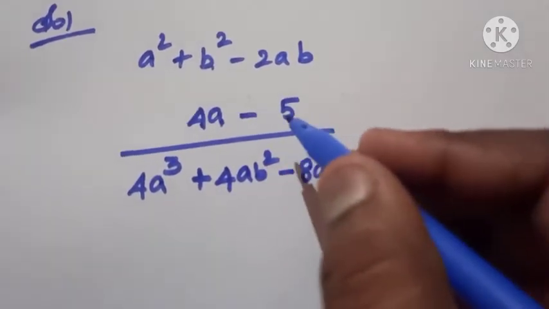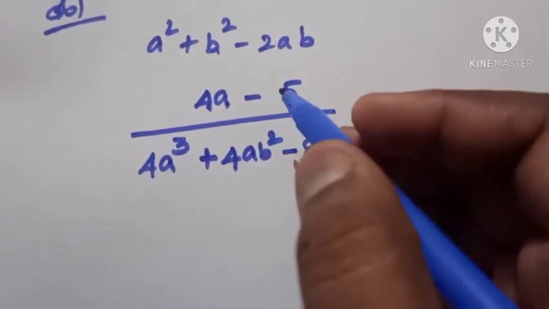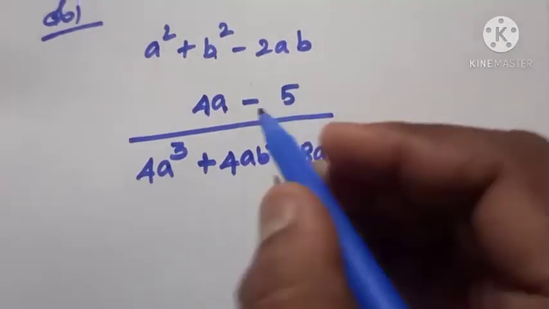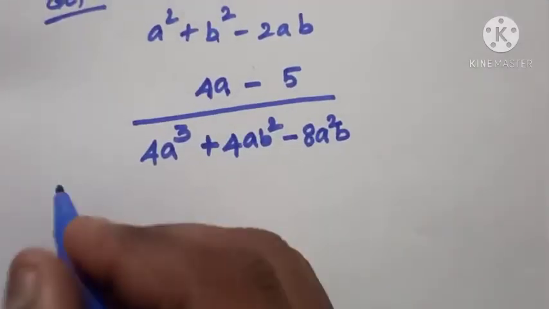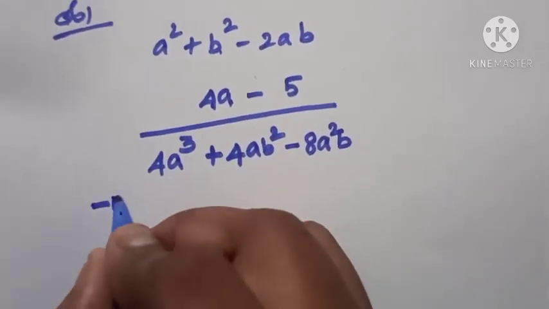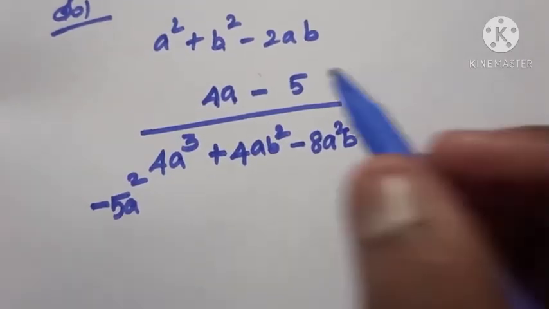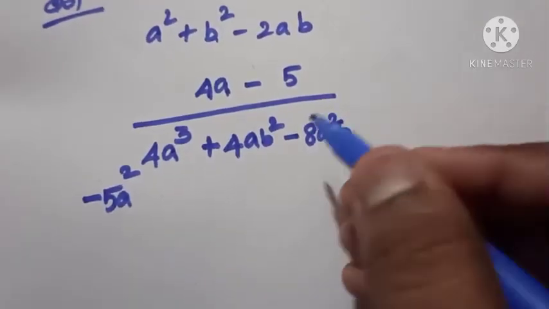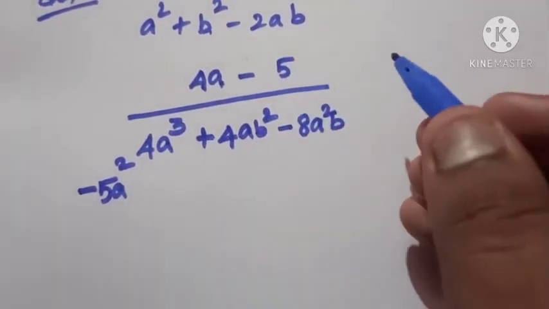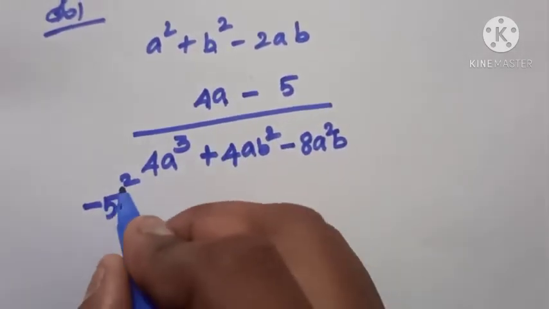Next we multiply with 5. So here I want to know, is a separate a square there? No, a separate a square is not there. So minus into plus we get minus. So I take this a square separately as a separate term. Okay, next I need to go to b square. There is no b square at all, so what I have to do is take it separately. So all the terms become separate.